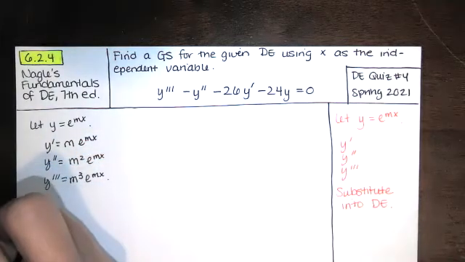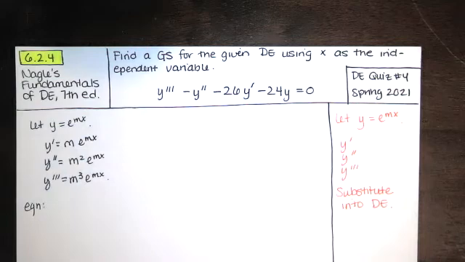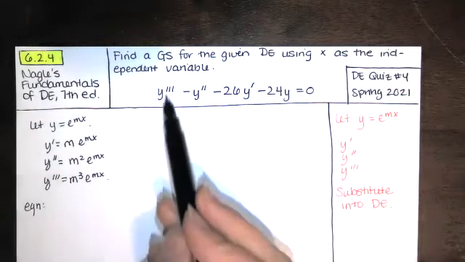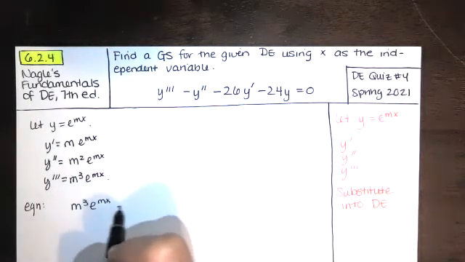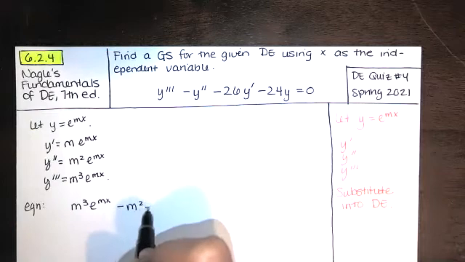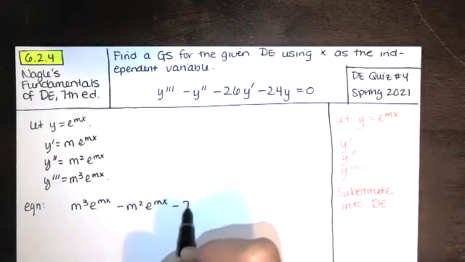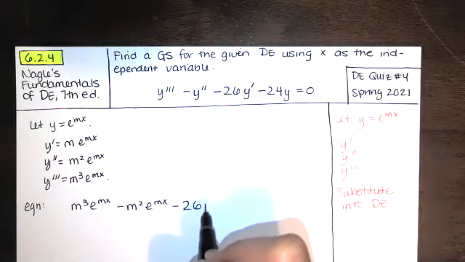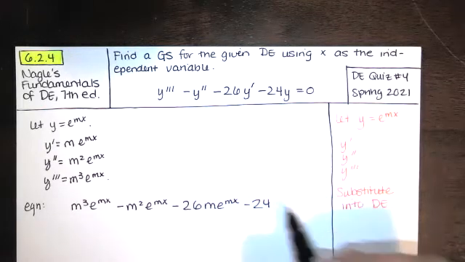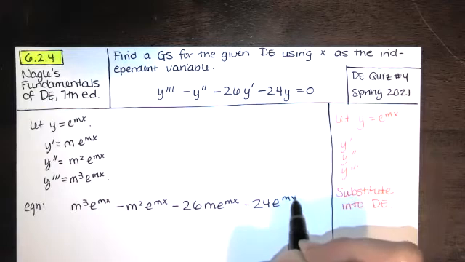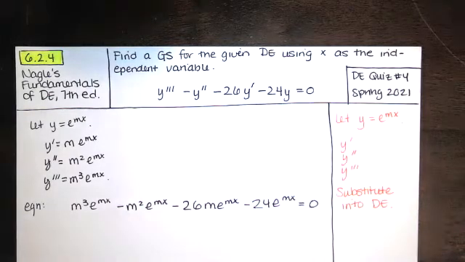And then we substitute into the differential equation. But when we do, it's no longer a differential equation, so I'm just going to call it an equation. The third derivative is this m cubed times e to the mx, and we're subtracting the second derivative and subtracting 26 times the first derivative. And we've got 24, and we're subtracting 24 times the original function, and that's going to give us 0.